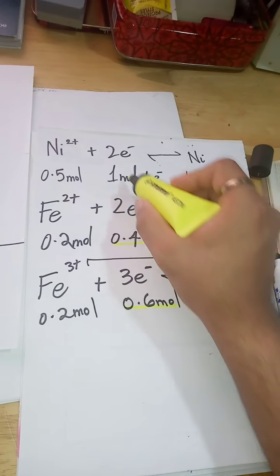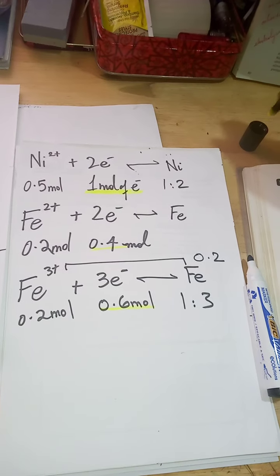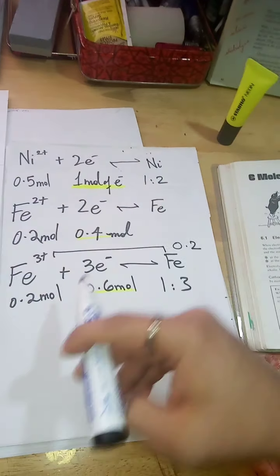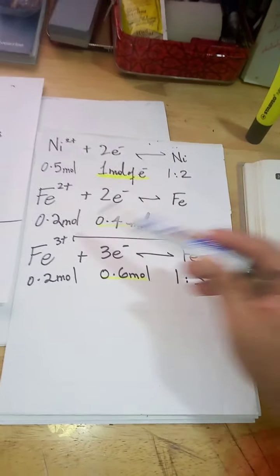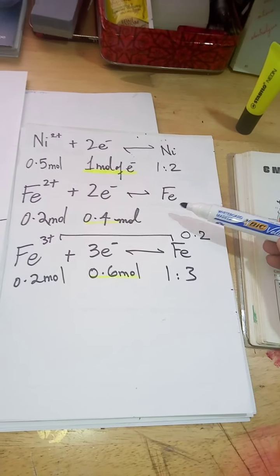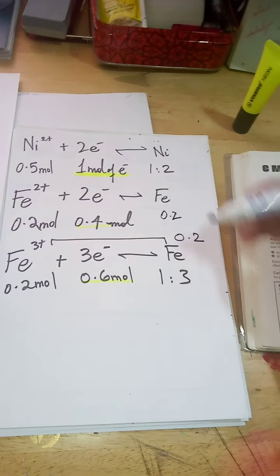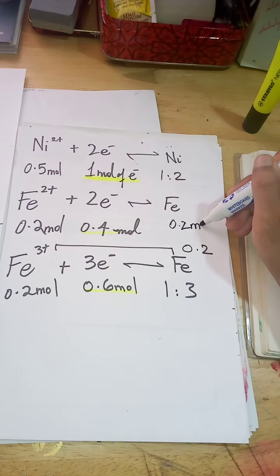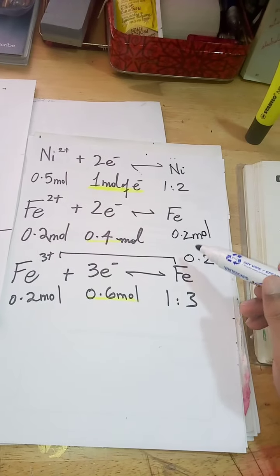are increasing, fluctuating, going up and down, the ratio of the metal will always be to its metal. So 0.2 mole of iron ions would yield 0.2 moles of iron metal.